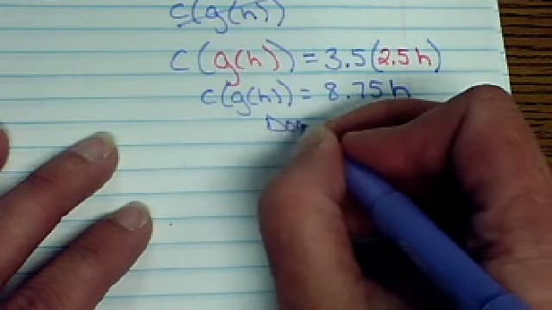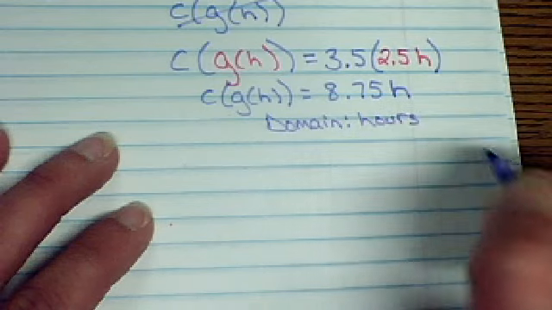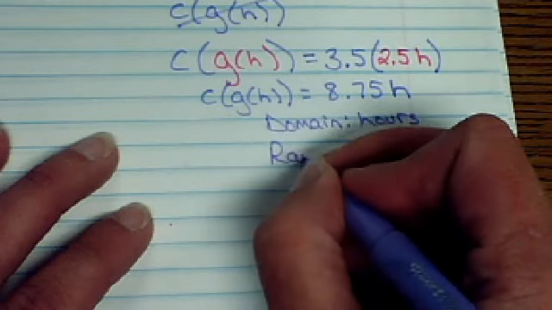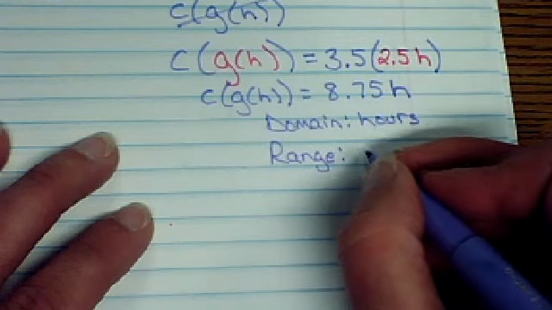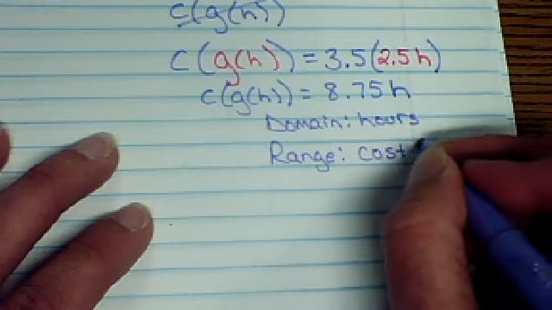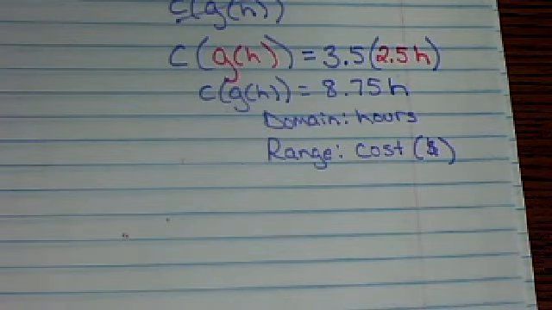Now, my domain are the hours, and the range, all we do is put our hours and we're getting out our cost in dollars. We don't have to go through a two-step process. We're actually only going through a one-step process.